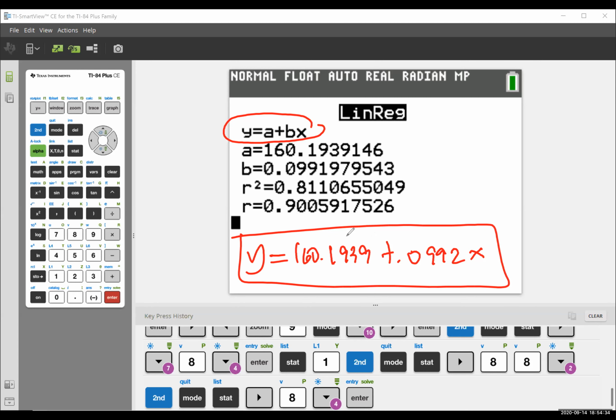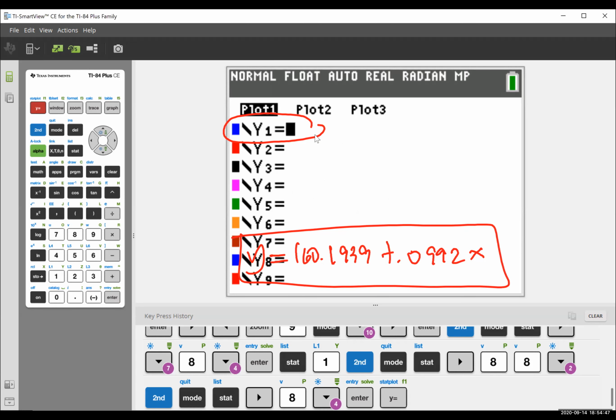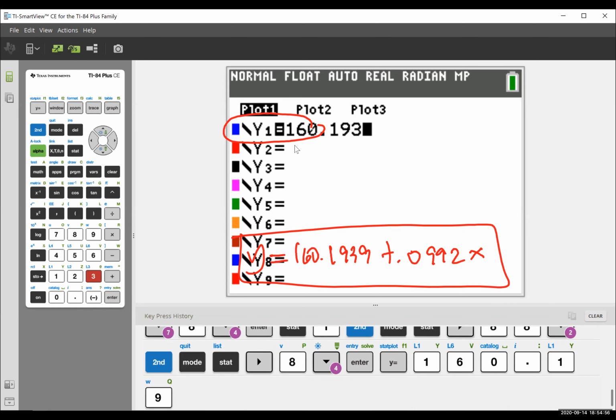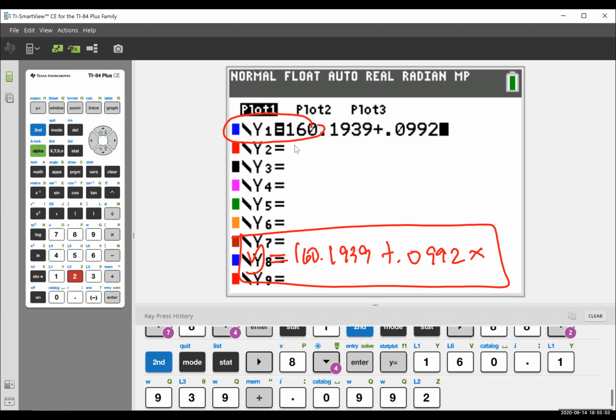And what you're going to do next is when you have this answer, press y equals on the very top left of your calculator, and you just have to enter your equation here. You see y1, enter the equation here. 160.1939 plus 0.0992, and don't forget the x.